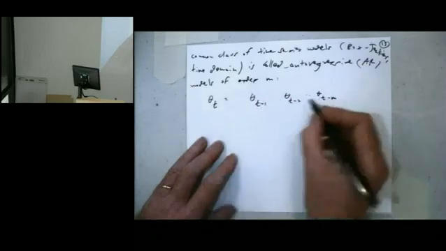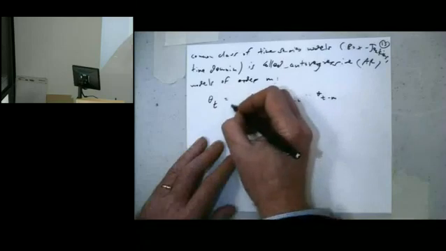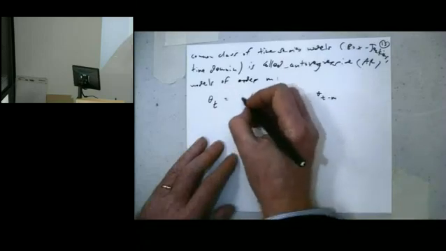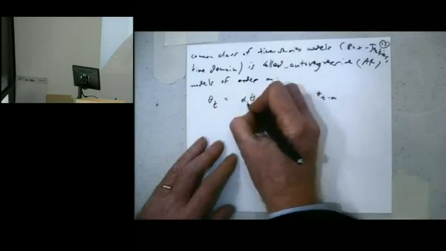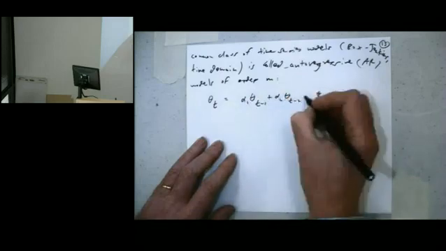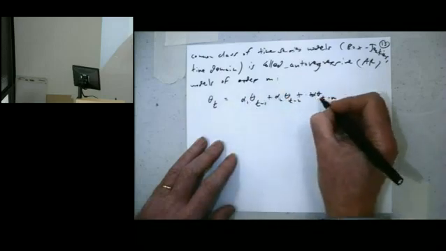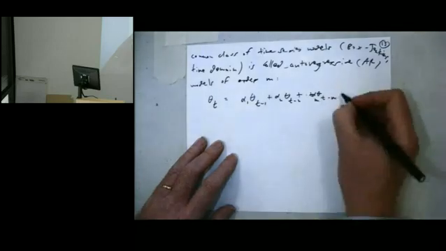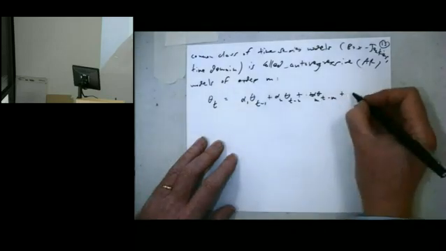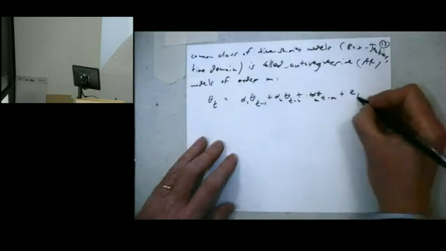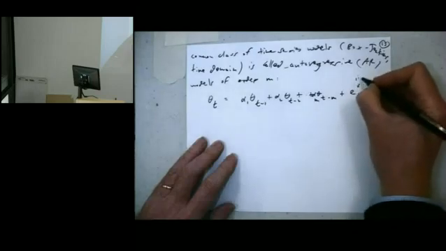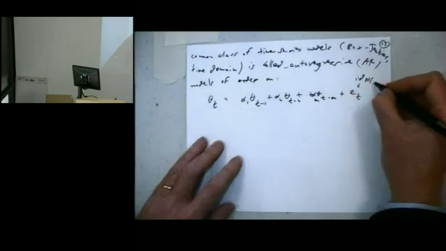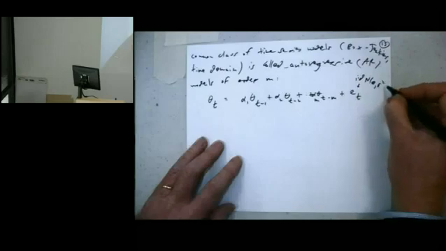There might or might not be an intercept term. It may not be necessary, but there's certainly a slope term here. So we could call this slope alpha 1 times that plus alpha 2 times that plus dot, dot, dot, plus alpha m times that, plus a white noise term e sub t, where the usual thing is to pretend that it's IID normal with mean 0 and some variance sigma squared.